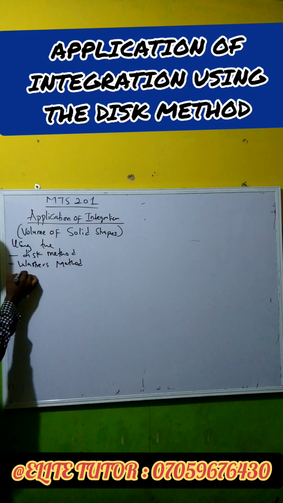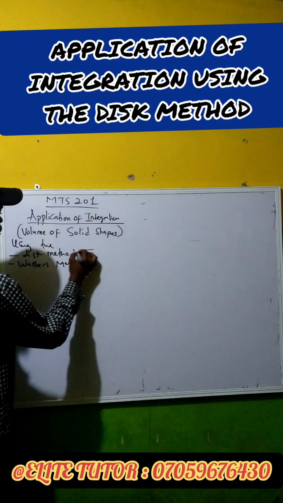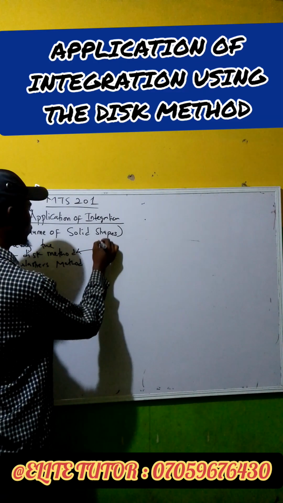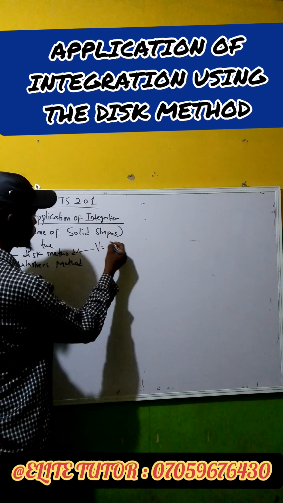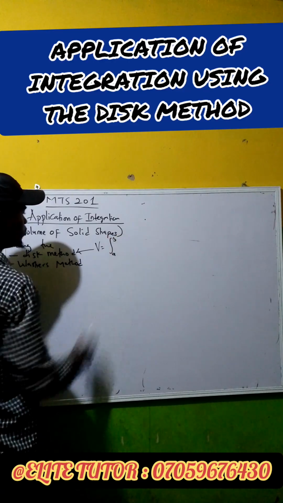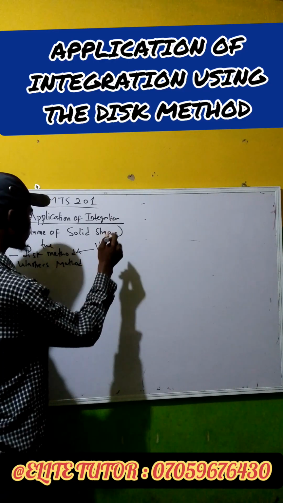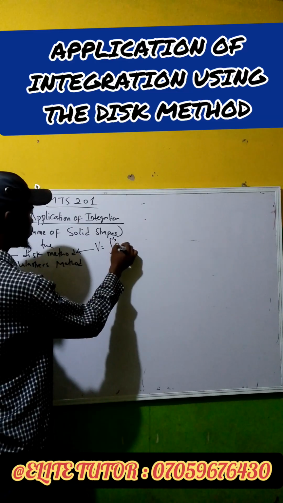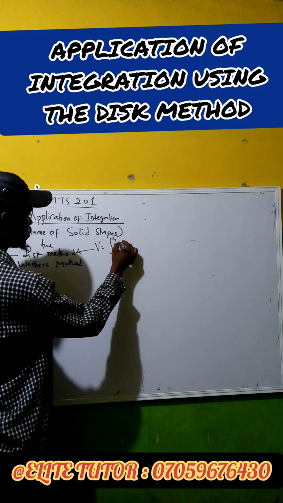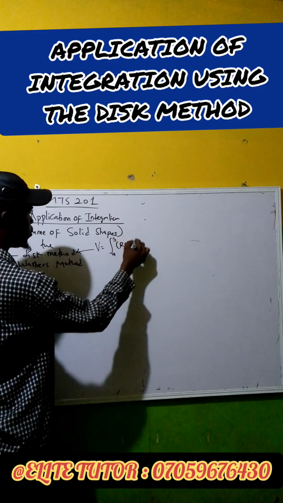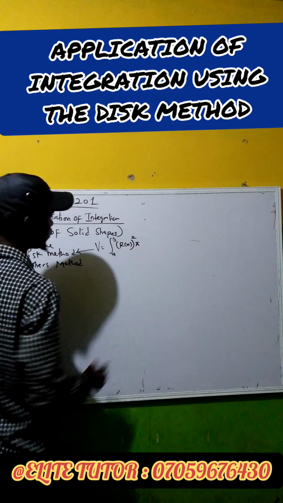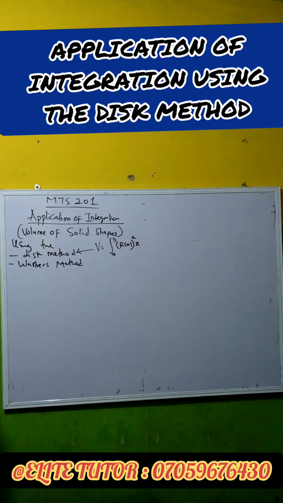Alright, so I'm going to give us the formula for the disk method. The disk method equation: the volume is equal to the integral from a to b of r of x, all squared, then pi, dx. That is it.